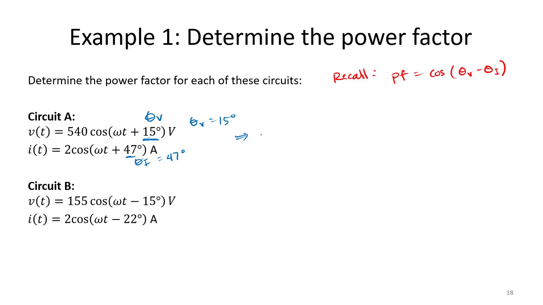So in this case, for circuit A, our power factor is going to be equal to cosine of theta v minus theta I. So that's cosine of 15 degrees minus 47 degrees. So in this case, our power factor is equal to cosine of negative 32 degrees, that will give us a power factor of 0.848.